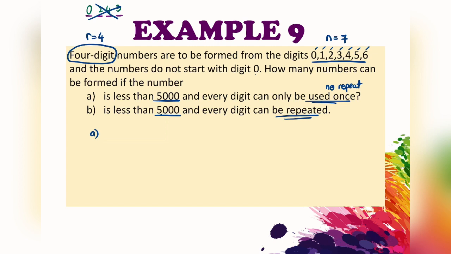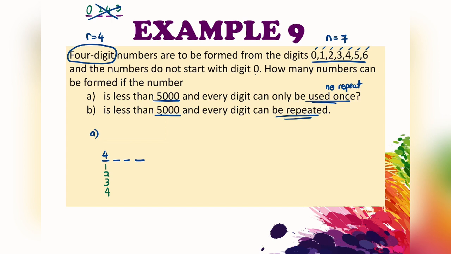For the first position, the possible digits that we can put here will be 1, 2, 3, and 4. Remember, 5 cannot be included, because the number would be larger than that. So we have 4 possible digits.